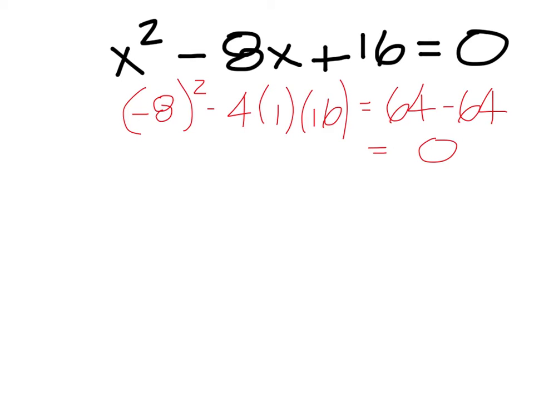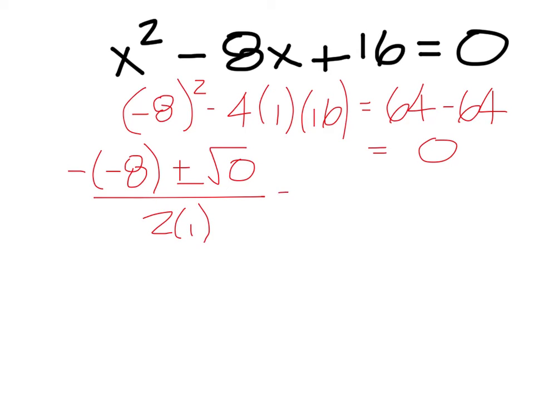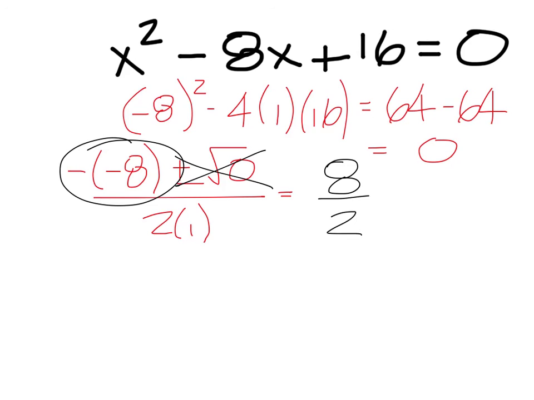So when you go to the quadratic formula and you have negative b to start with, that's a negative 8, plus or minus the square root of 0 over 2 times 1. Well, whether you add 0 or subtract 0, it's still going to stay the same. So this is just gone. And you simplify this to get an 8, and on the bottom you get a 2. So the final answer should be 4.